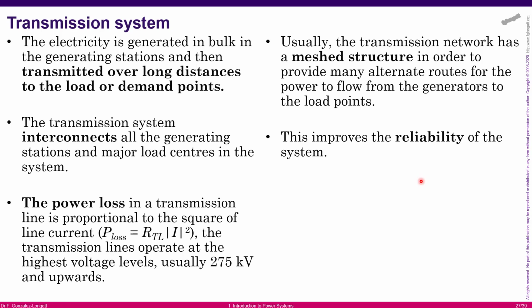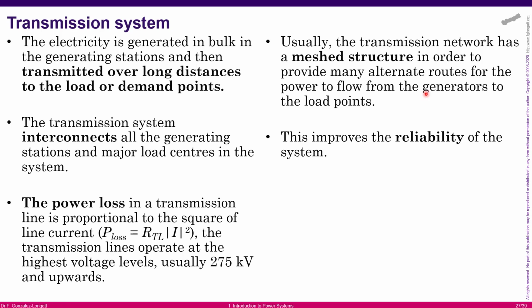They are designed mainly for long distances, and the idea is to reduce as much as we can the active power losses. What we want is to reduce the heat dissipation by Joule effect on the cables, and for that reason, if we increase the voltage a lot, we decrease the current for the same amount of power, and as a consequence there are fewer losses on those cables at high voltage.